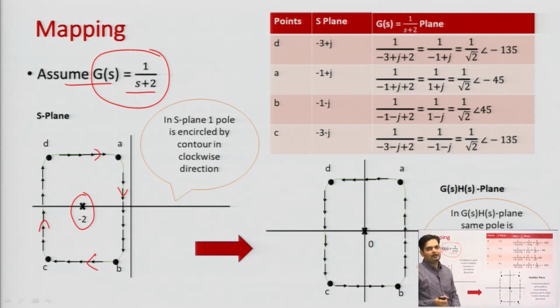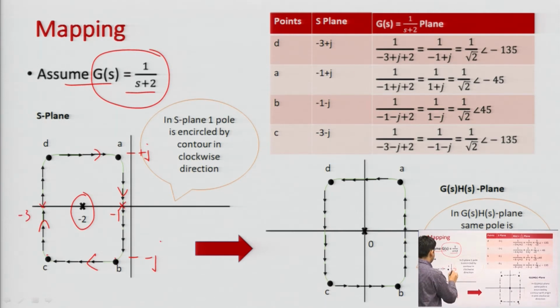For mapping I will take certain points on this plane: point A here, point B here, point C here, point D here. The imaginary part is plus j and the negative axis is minus j, and this intersection point is around minus 1 and this point is around minus 3.